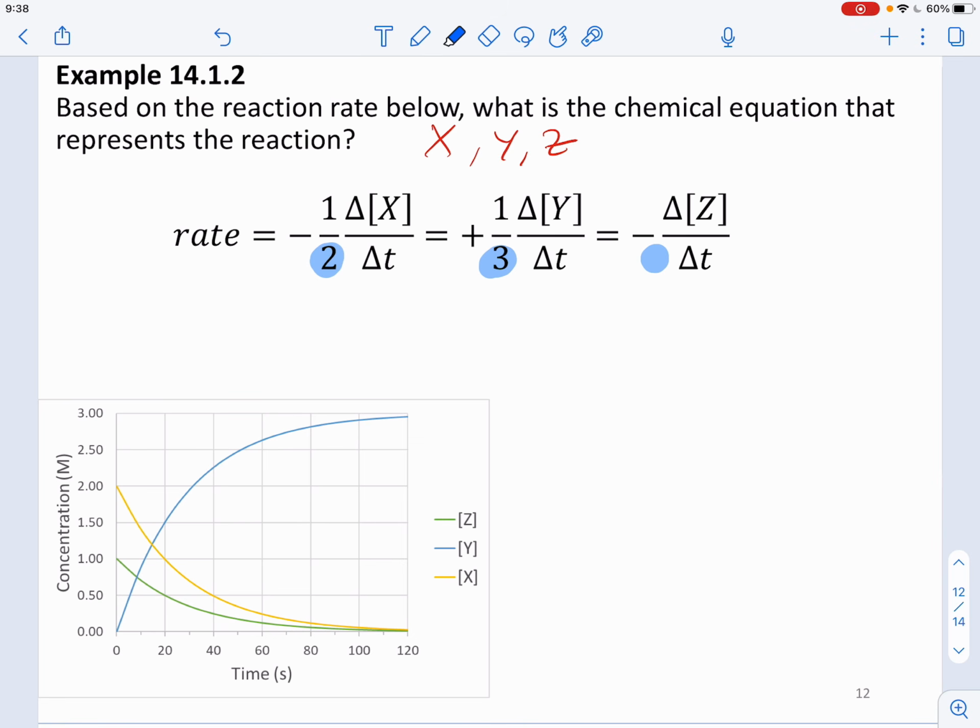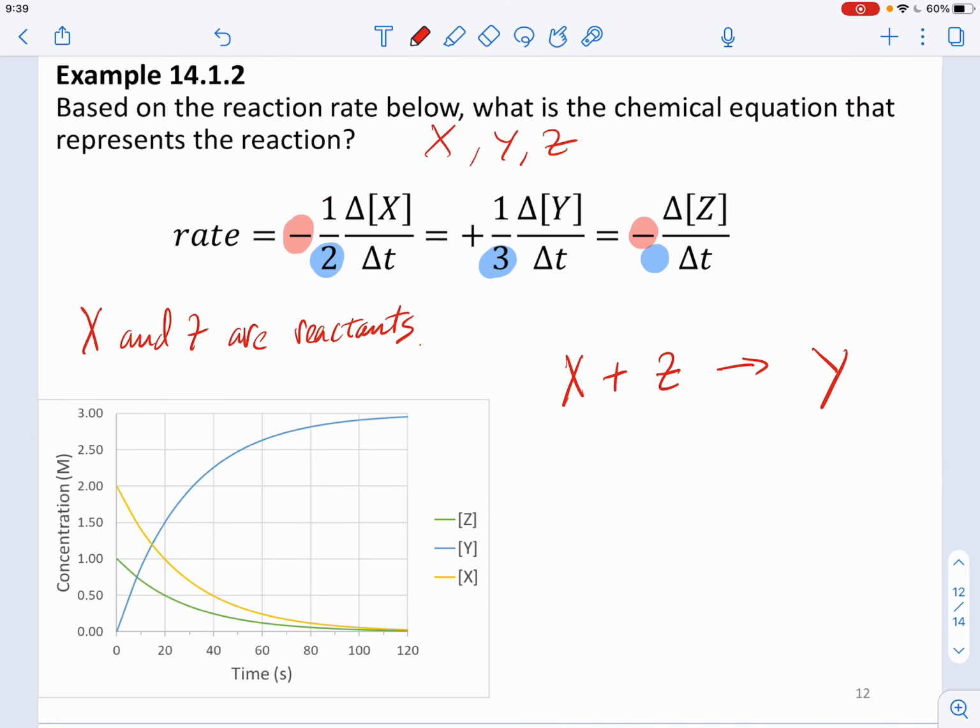The other thing to keep in mind is that there is a negative sign here and a negative sign there. So X and Z are reactants. So it's not X plus Y, it's X plus Z that goes to Y.